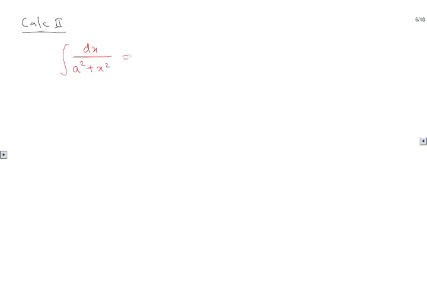If we have dx over a squared plus x squared, it is simply 1 over a times arctan of x over a, plus c. That's the first formula.